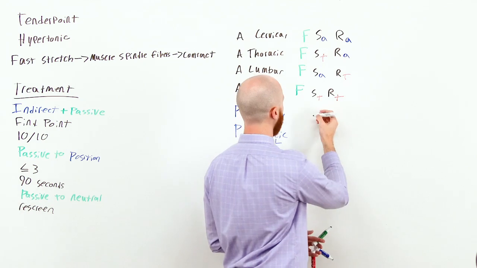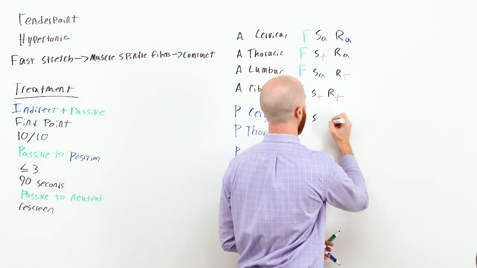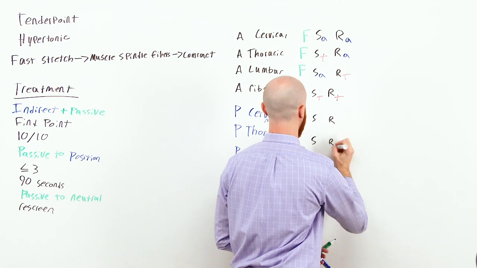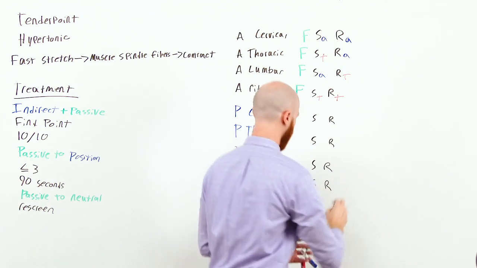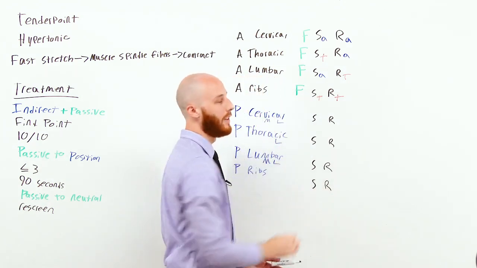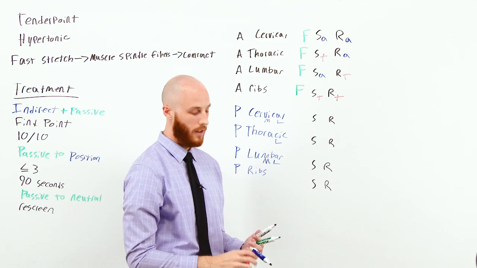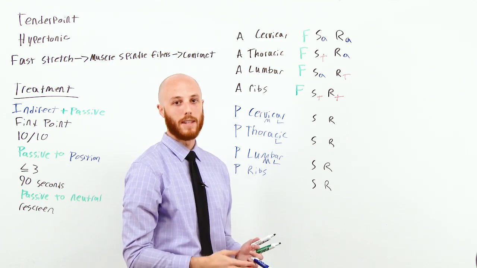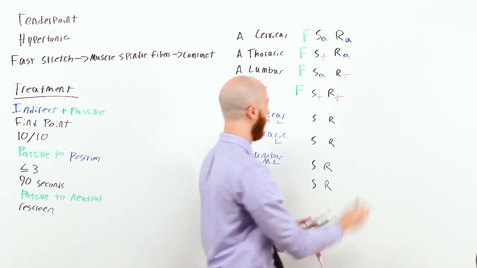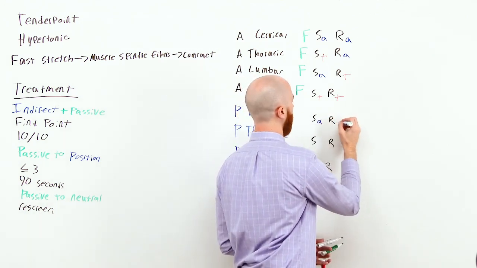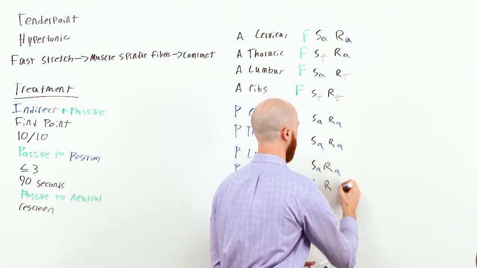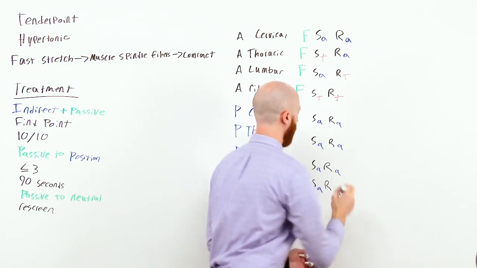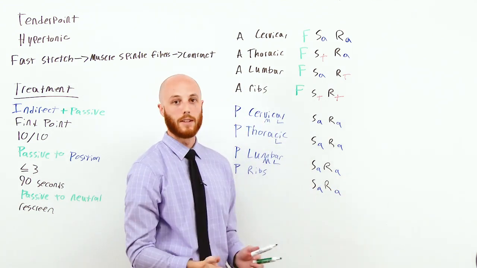So now going back to our SARA mnemonic. She really helps us out a lot for the posterior side because all of them are going to be side bend away, rotate away. The final portion is flexion or extension.